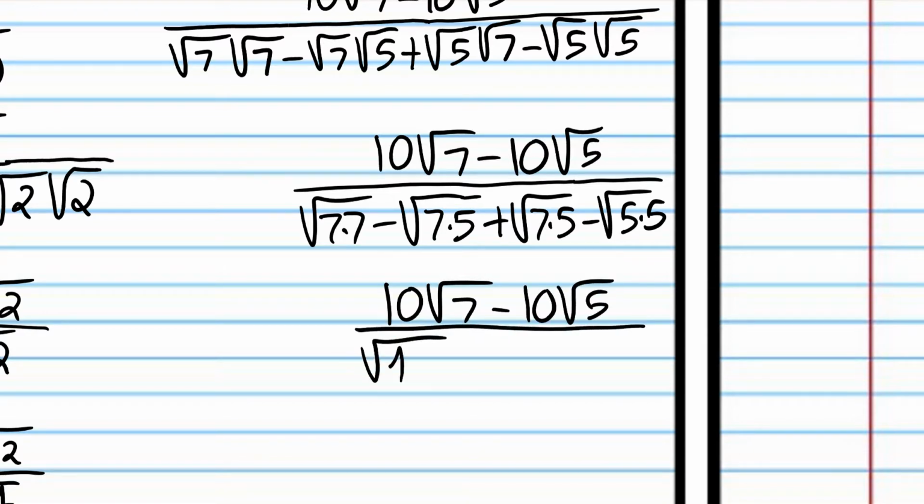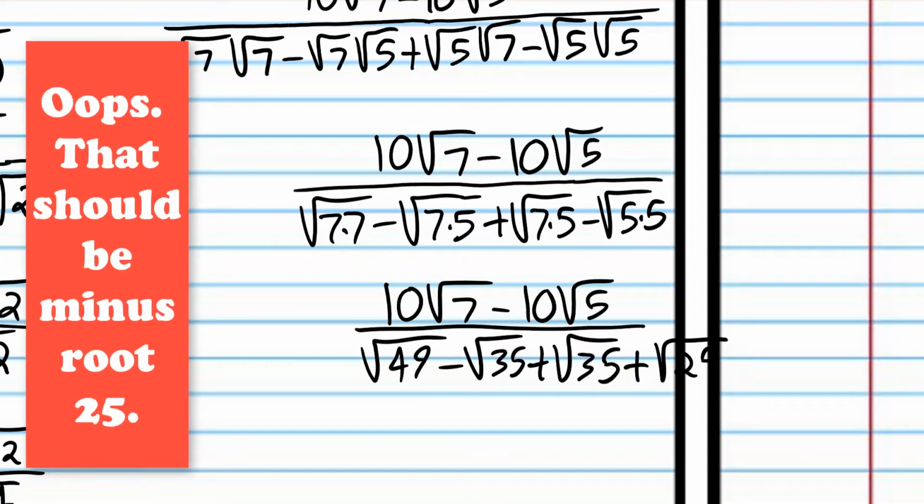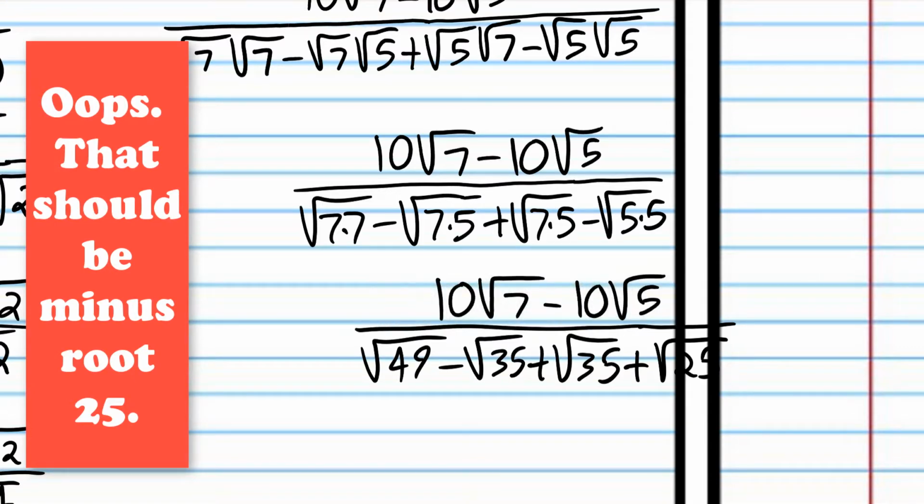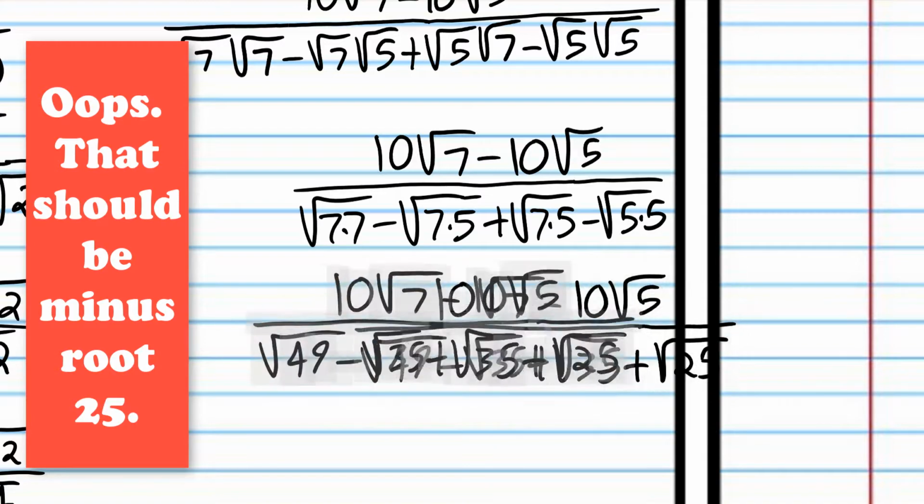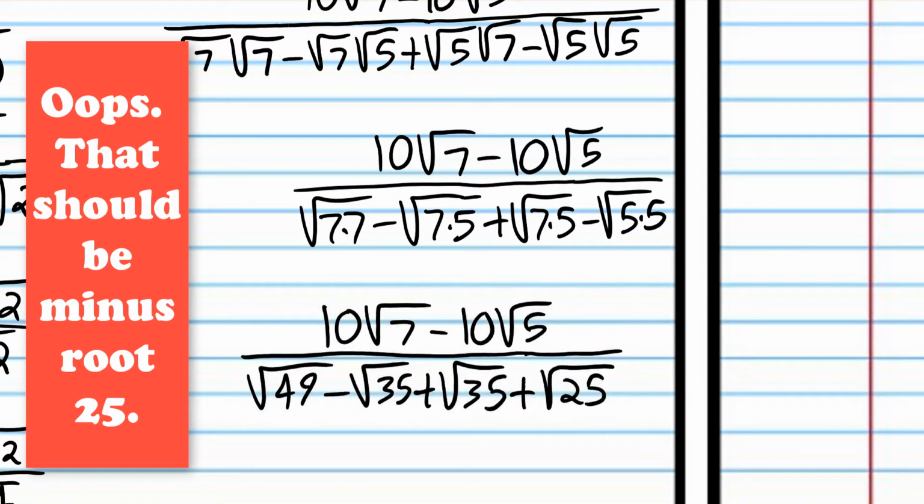Then we go root 49 minus root 35 plus root 35 plus root 25. I'm sorry my numerator keeps drifting over like that. It's just the nature of the problem.